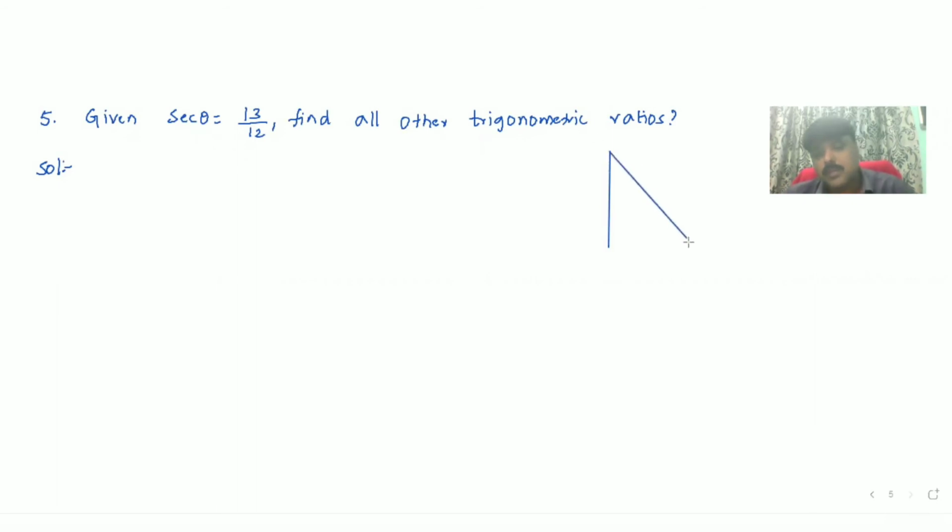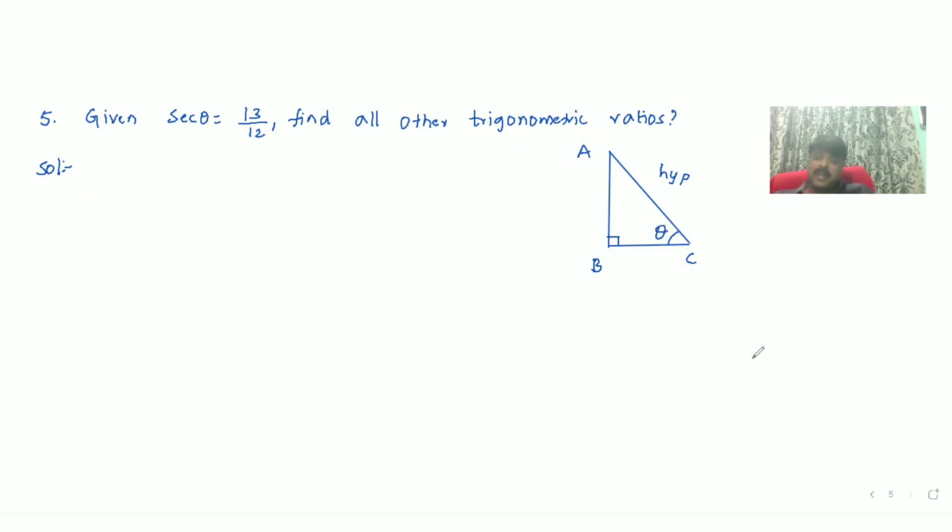This is a right angled triangle. A, B, C, right angle at B. The side opposite to the right angle is the hypotenuse. Now let us say this angle is theta.